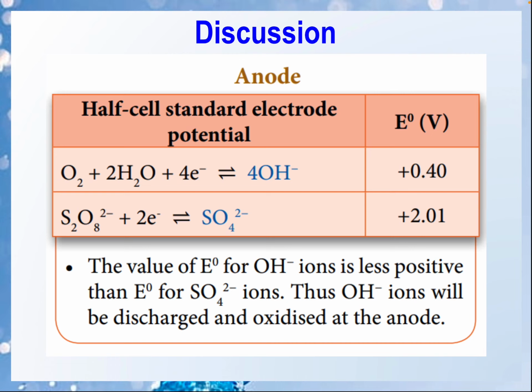Hydroxide ion. Ada ke tidak hydroxide? Okay, ada hydroxide ion. Dia punya E0 value adalah positif 0.40. While sulfate ions adalah positif 2.01.